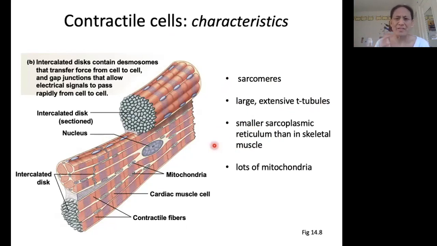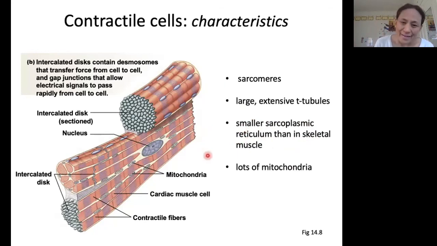I'm not going to go into the molecular events of muscle contraction in contractile cells, but it's a little different than in skeletal muscle. Because of that, you don't have a lot of need to store calcium in the sarcoplasmic reticulum. Therefore, you have a smaller sarcoplasmic reticulum in cardiac muscle than in skeletal muscle. But we're not going over those molecular events, so don't worry too much about that.